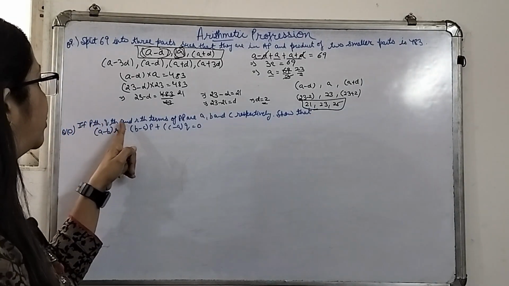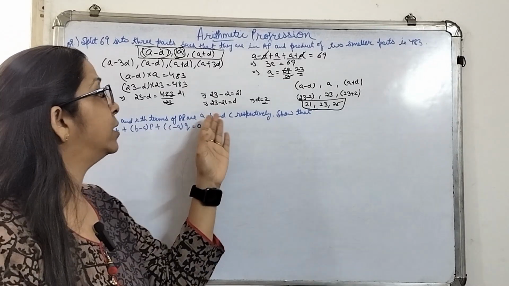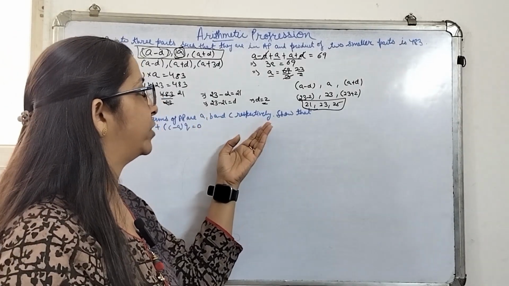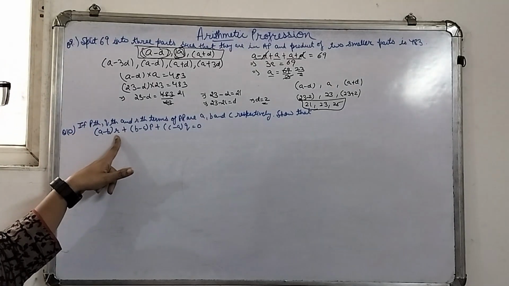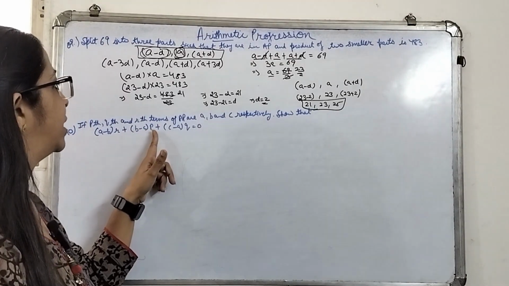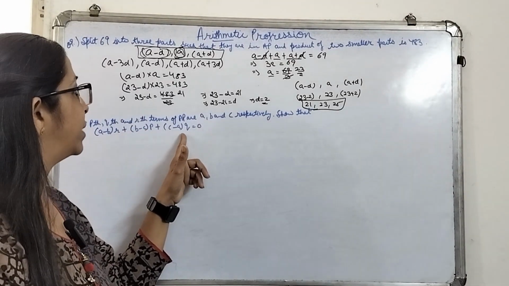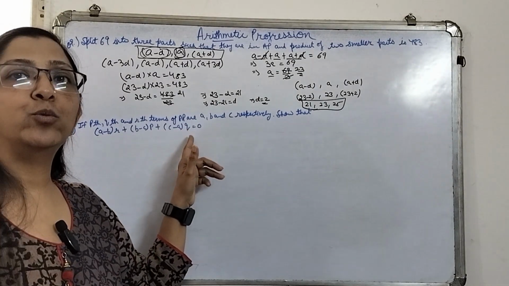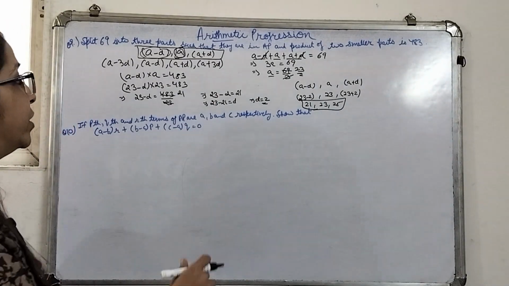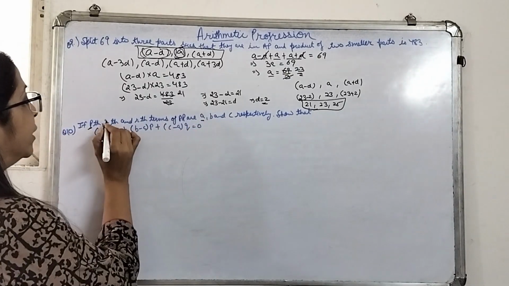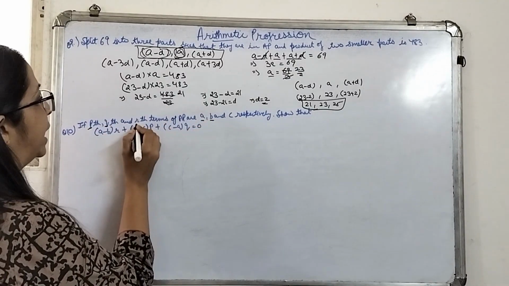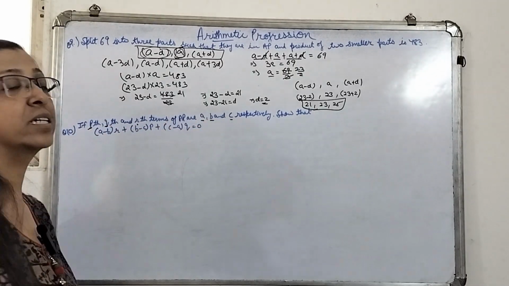If pth, qth and rth terms of an AP are A, B and C respectively, show that A minus B multiplied by R plus B minus C multiplied by P plus C minus A multiplied by Q is equivalent to 0. Over here, the pth term of the AP is A, qth term is B and rth term is C. It is given to us.